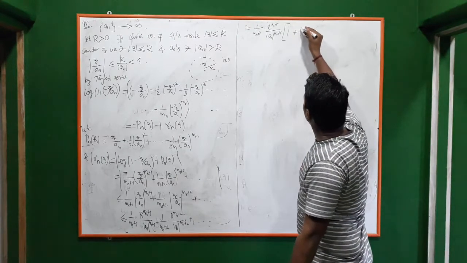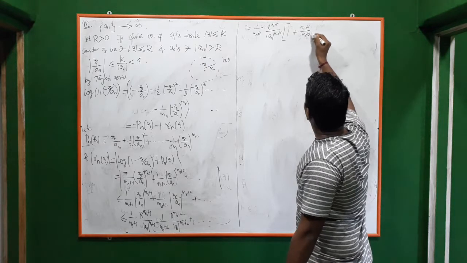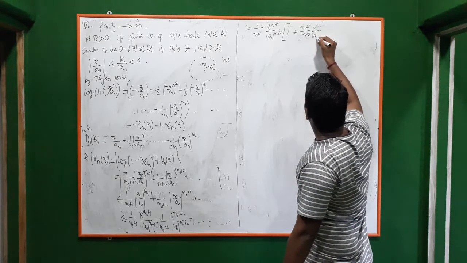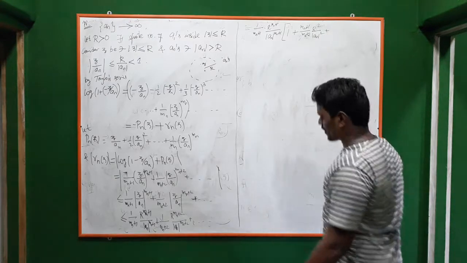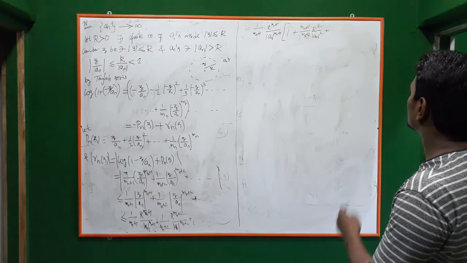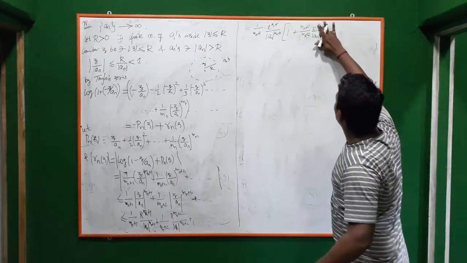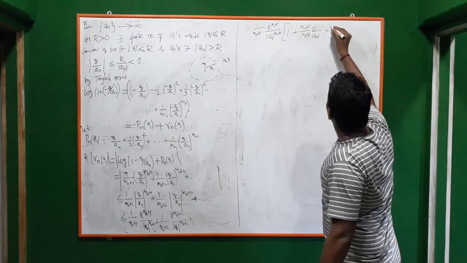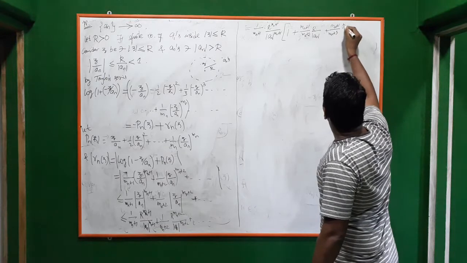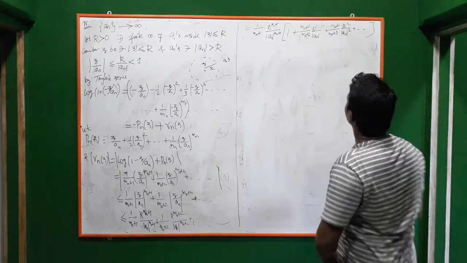This will be 1 plus mn plus 1 by mn plus 2 into r by mod an, plus mn plus 1 by mn plus 3 into r square by mod an square, plus and so on.